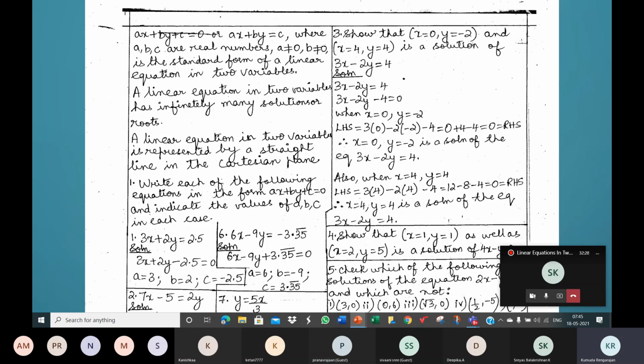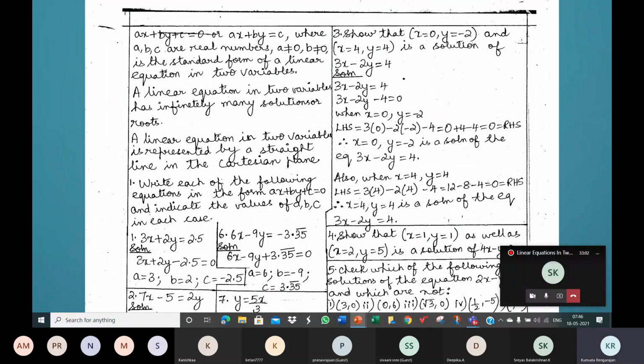So ax plus by plus c is equal to 0 is the standard form of a linear equation in two variables x and y, where a, b, c can be any real value, but the values of a and b cannot be both 0 at the same time.